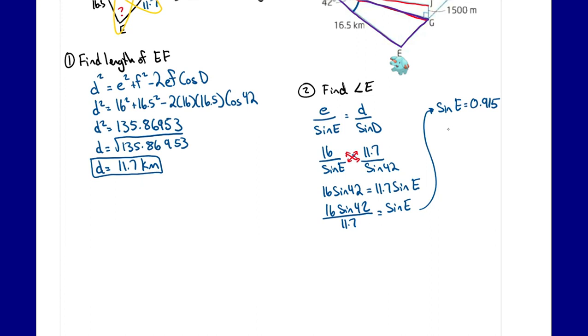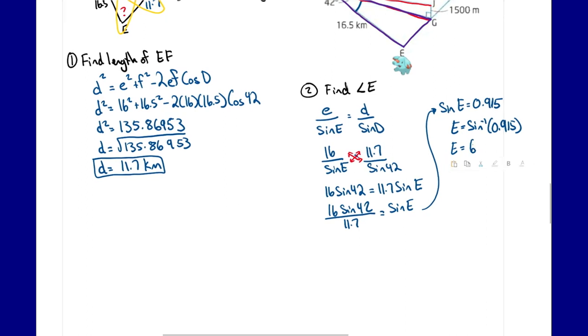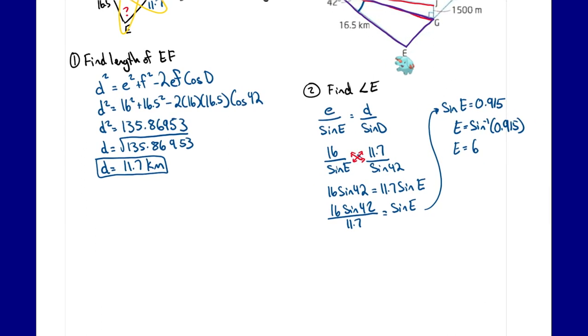To get E by itself, now we bring the sine over and do the inverse. And we get E is equal to 66 degrees.